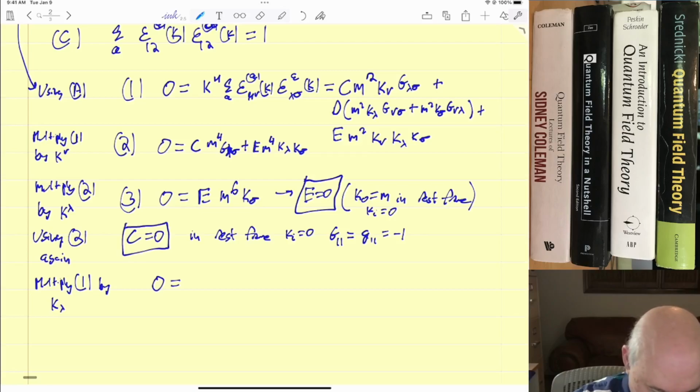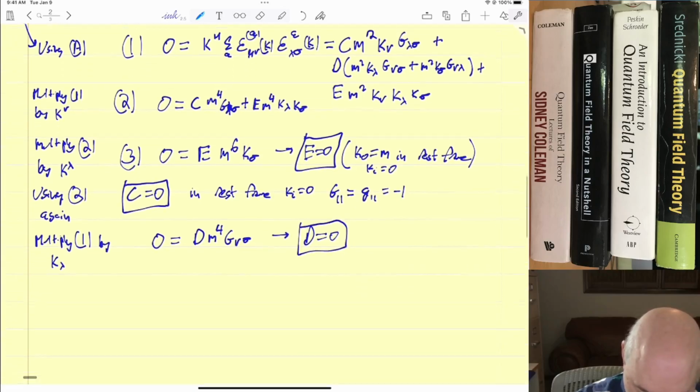So we get 0 equals D. When we multiply, k lambda is m squared, so we get D m to the 4th g nu sigma. And again, k lambda times g nu lambda. Remember, g is symmetric, so that's the same thing as k lambda times g lambda nu. That gets killed to 0. So this implies, same arguments as before, that D equals 0. So we've gotten rid of 3 of our most general terms.